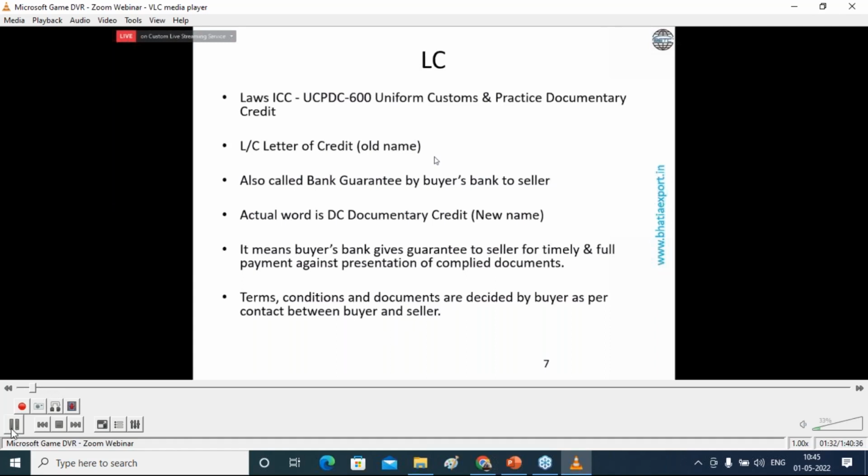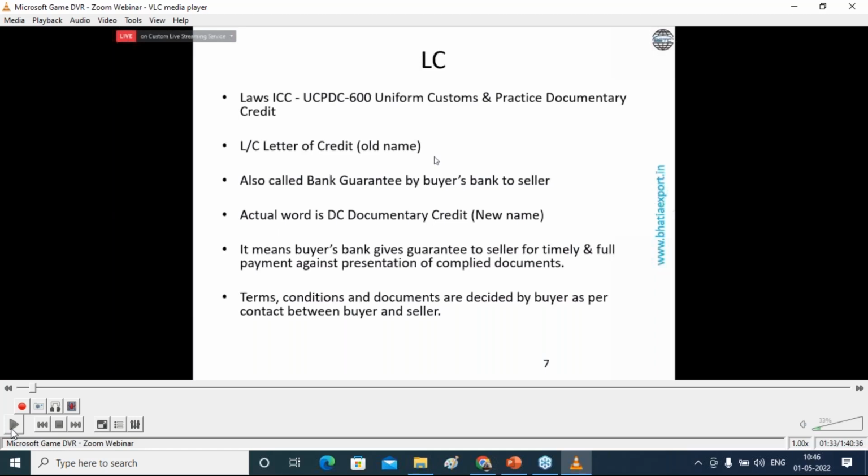One more thing to understand here. You have a contract, and in the contract you may have stipulated a number of terms. But when the LC comes, there may be some other terms. Bankers are always concerned about the LC only, not about the agreement between the buyer and seller.